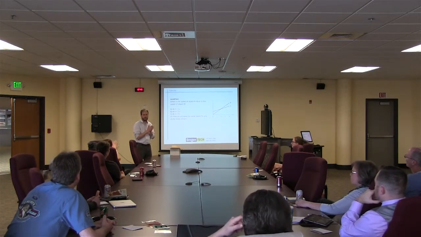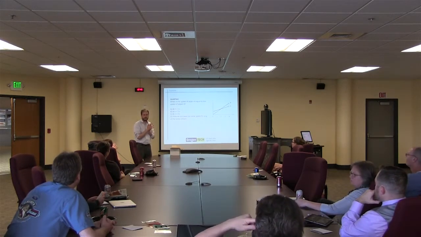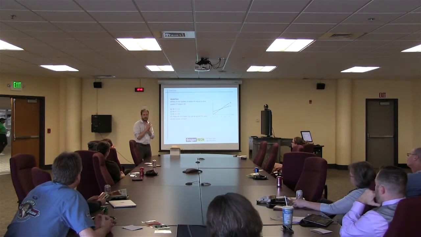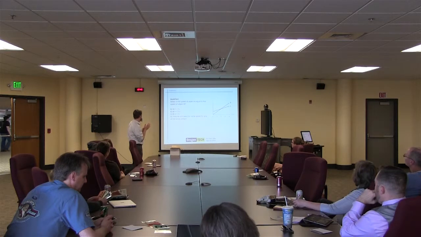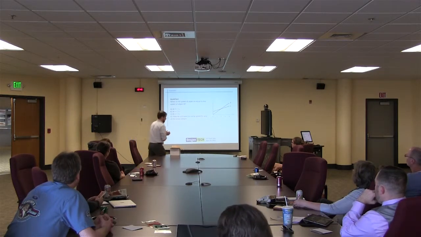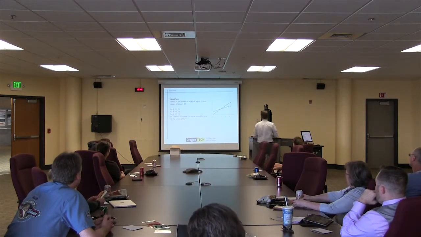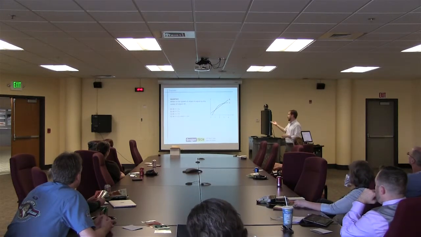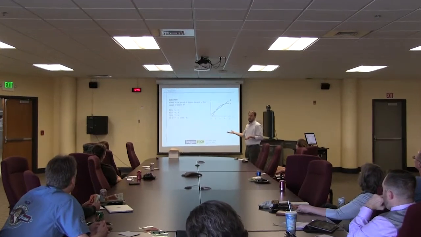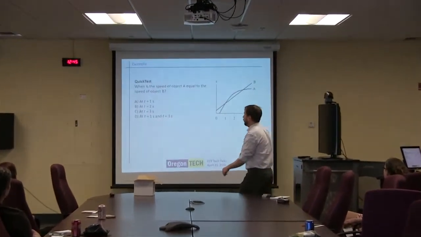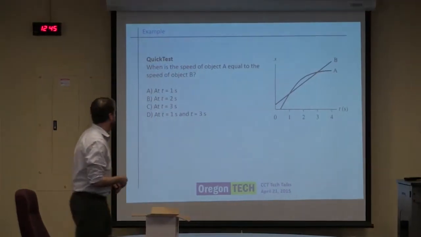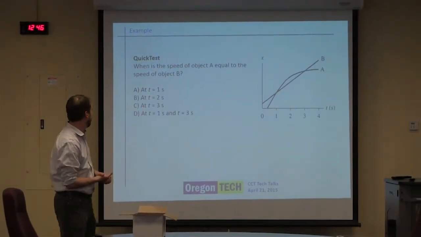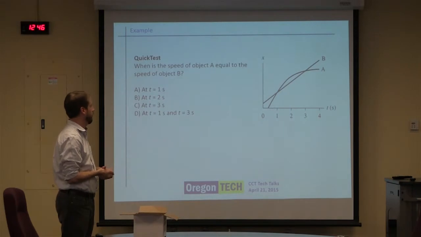Do you have several related questions? Do you show them one that is correct, so that they see these are related? Yes, I give them the correct answer for this, and then, for example, this is the next question I ask. We'll skip going through this, but this question is asking again, when is the speed of object A equal to the speed of object B?